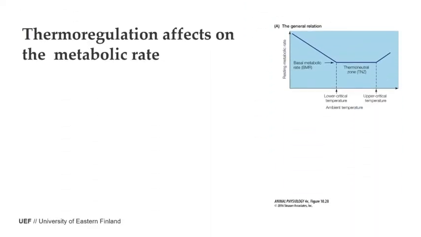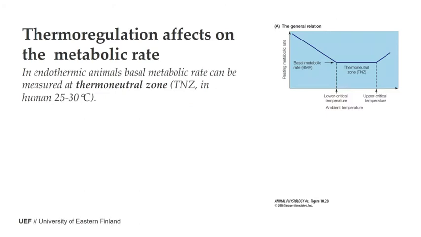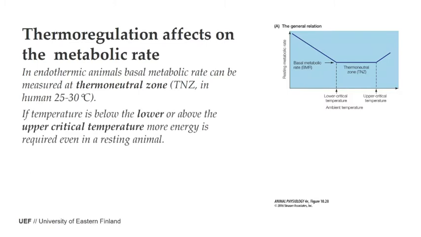Okay, and this thermoregulation affects the metabolic rate. So we learned previously that the basal metabolic rate in endothermic animals must be measured in the thermoneutral zone. For example, in humans, between 25 and 30 degrees Celsius. And if we have the human at 20 degrees Celsius, the metabolic rate is higher.